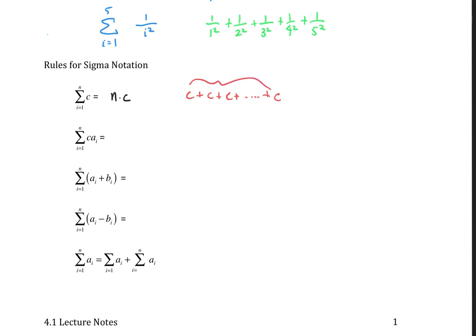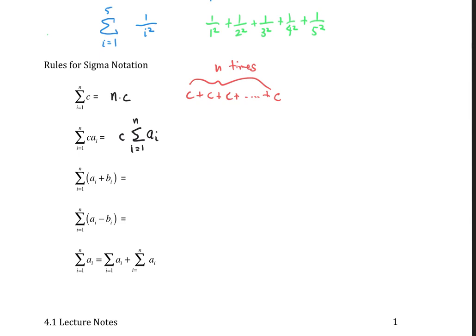We're doing that n times, right? So n c's literally means n times c. The second rule is if every term in your sum is multiplied by a constant, you can factor that constant out. So we can factor the constant out like this, okay?